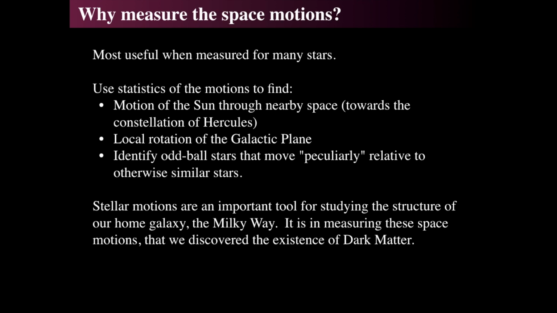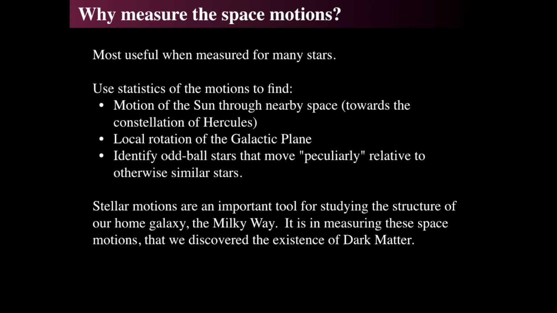But we'll find that it's incredibly useful for astronomy, because we can find how the sun is moving through space. And it seems to be moving towards the constellation of Hercules. We can then also take large-scale measurements of many stars around us and find out exactly how, on average, all the stars are going around us.